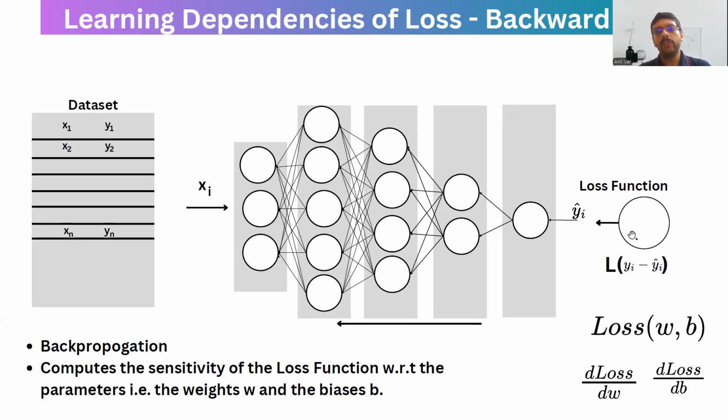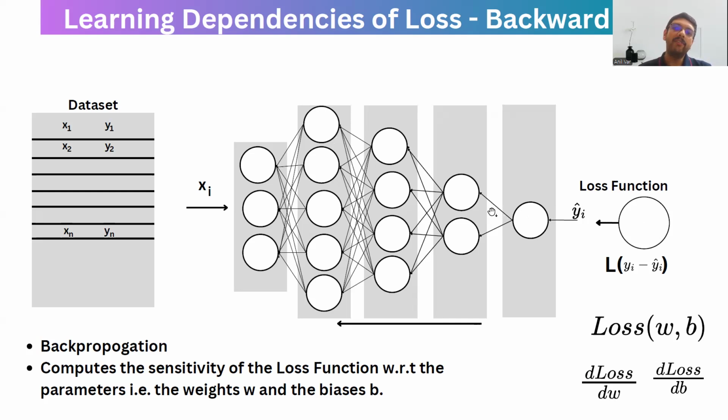Once you get the value of the loss, what you can do is compute the sensitivity of the loss with respect to the different parameters of the network. What I mean by sensitivity is: if I change the weight here by 1 unit, how much does the loss function change? So that's the sensitivity of the loss function to this weight, and so on. Once the loss is computed, you first compute the sensitivity of the loss to the value here.